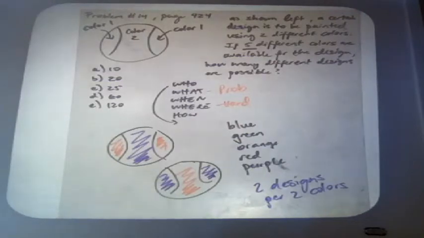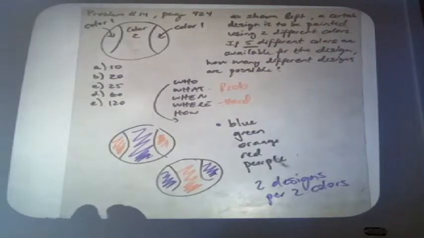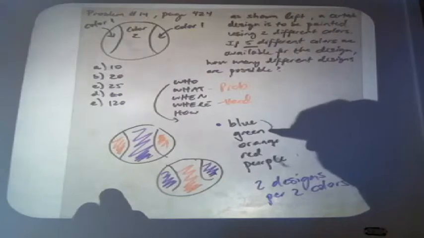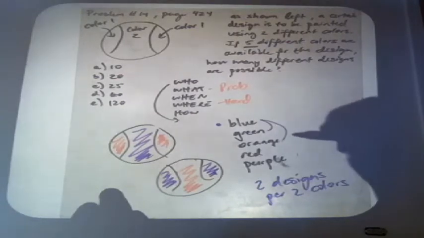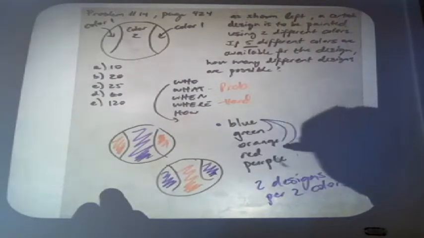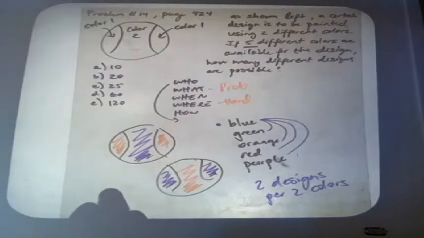So let's just say, to make it easier, and this is the way I like to exhaust all the possibilities, is starting with this first one and finding everything that can be combined with the first one. So if I start with blue as one of my colors, I can have as my two colors blue and green. I could have blue and orange, or I can have blue and red, or I can have blue and purple.